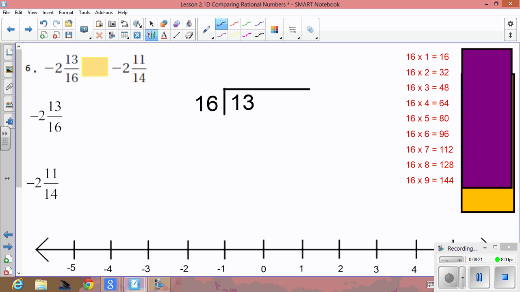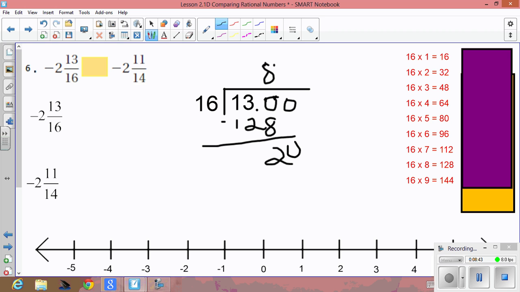So what we're going to do is add a decimal point and a 0. How many 16s go into 130? If we take a look at our list, we cannot go over 130. So we get 16 times 8, which gives us 128. Okay, from here we have 2 left over.